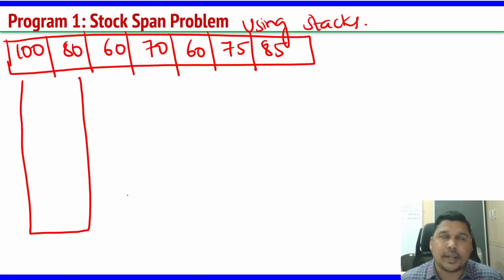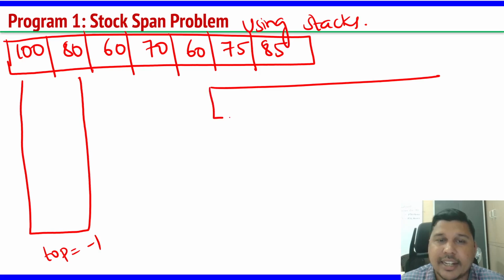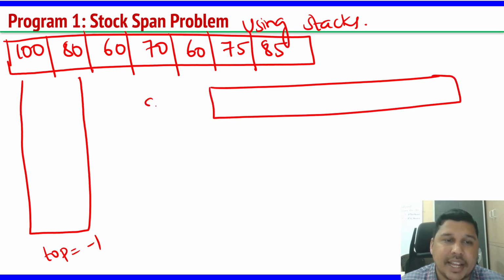So what do I have to do here? Take one index value. Top value will be -1 because initially the stack is empty. This is my array A. After this, I will take one more array, that is my solution array, the span array of the same size.